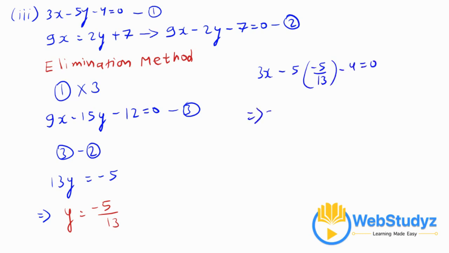Solving this, we get 3x equals 27 by 13. This will be cancelled out by 9 times. So we get the value of x as 9 by 13 using the elimination method.